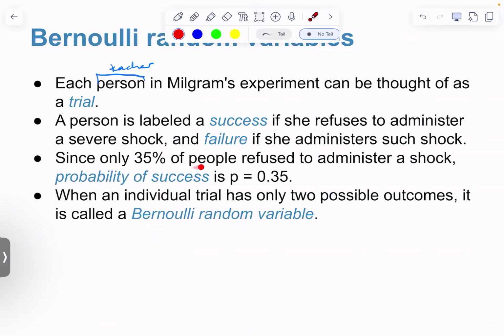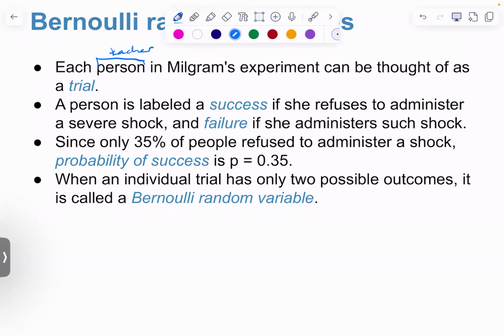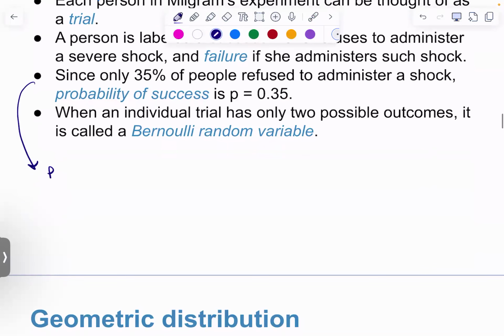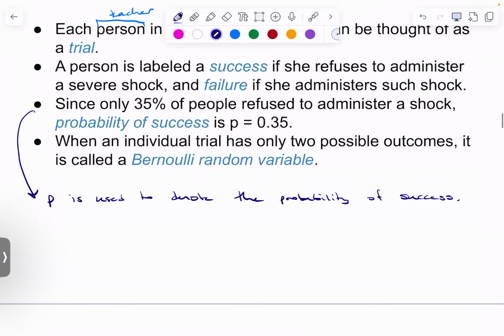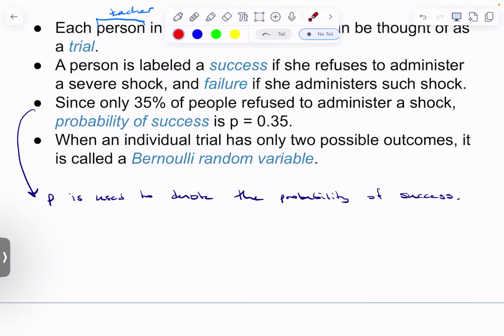Since only 35% of people refuse to administer a shock, the probability of success is p = 0.35. A lowercase p is used to denote the probability of success. So we're told that p in this case is 0.35.